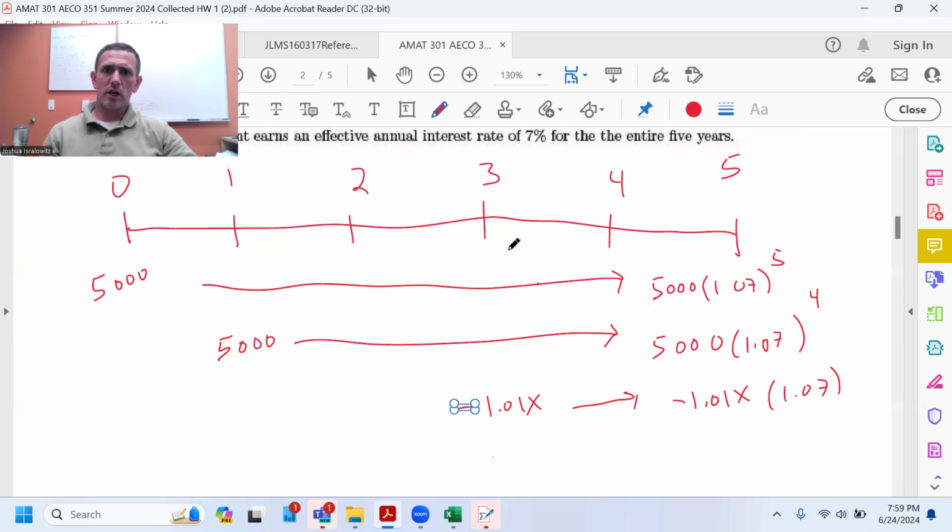So it accrues, this is at t equals 3. So 3 to 4, 4 to 5, 2 years of interest. And this one here, minus 1.01x, accrues just 1 year of interest from 4 to 5.